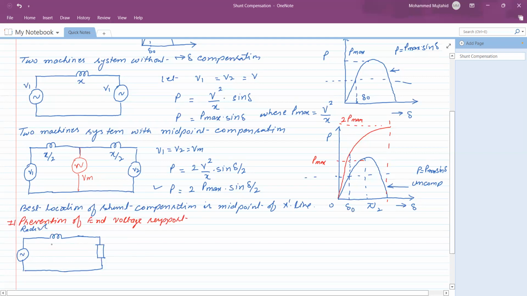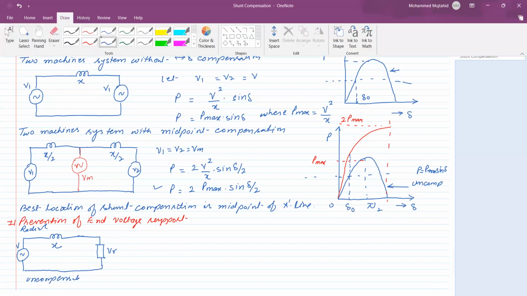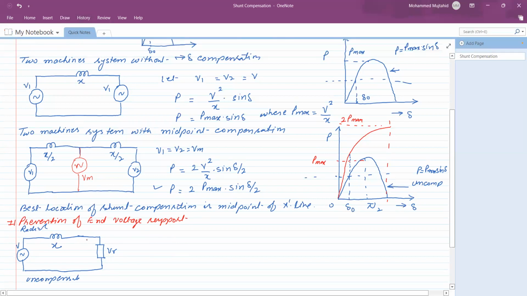Okay, so the reactance is X, voltage is V, and this is the voltage VR. This is the uncompensated line, and for the compensated line, if you want to do the compensation, we can connect here the shunt compensation over this.